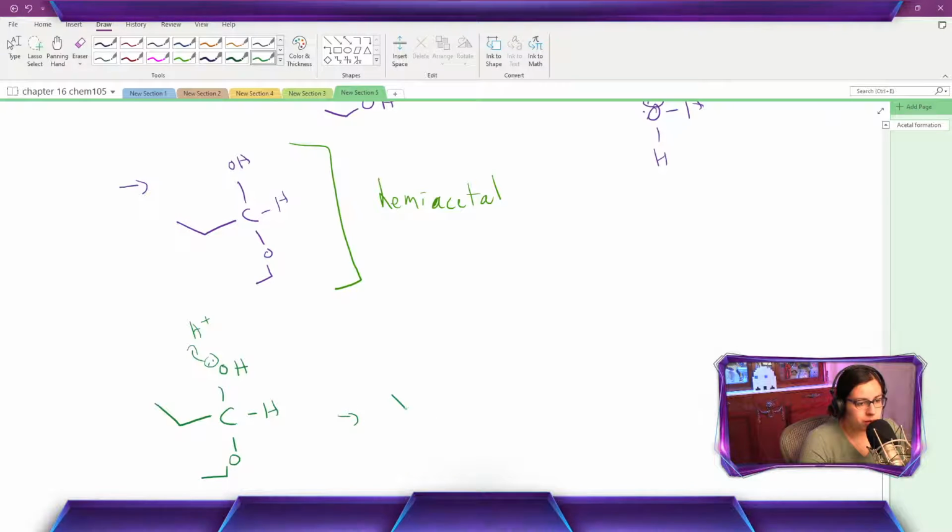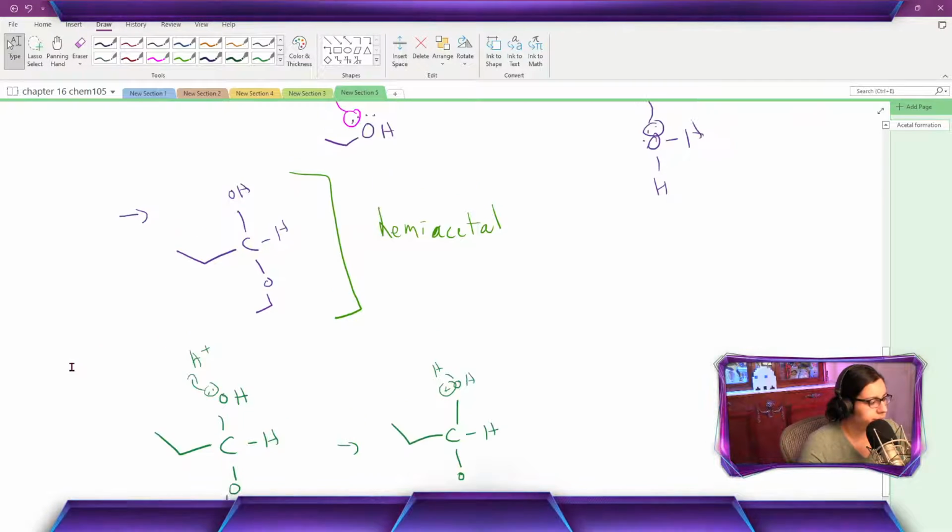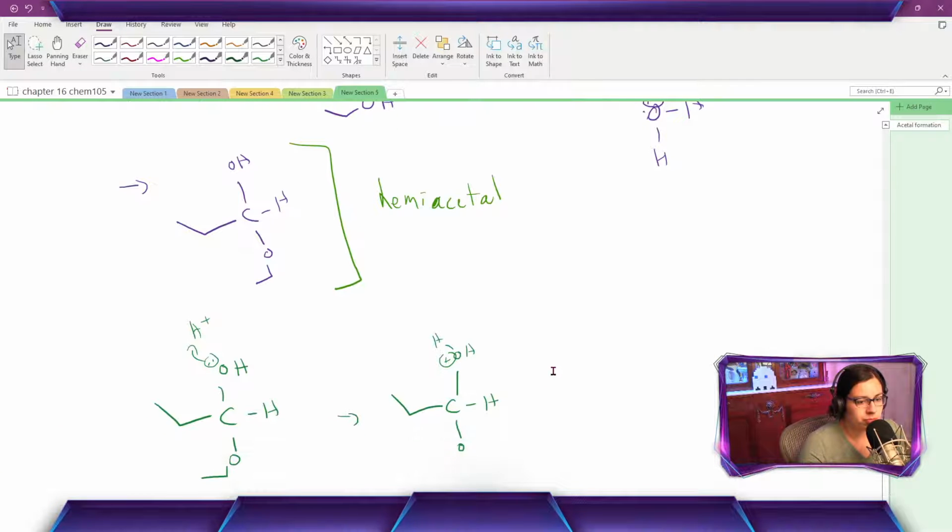So it is protonated. So now this makes it water, which is going to be a good leaving group. So now we're sitting here. Oops, sorry, I didn't draw those.